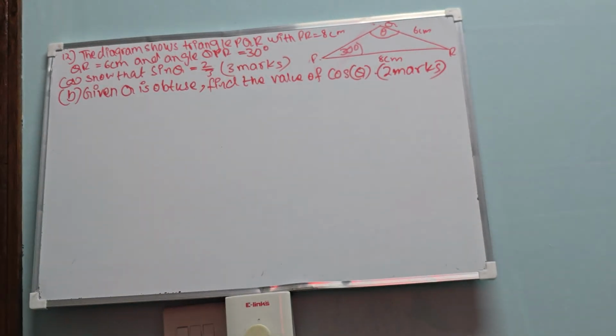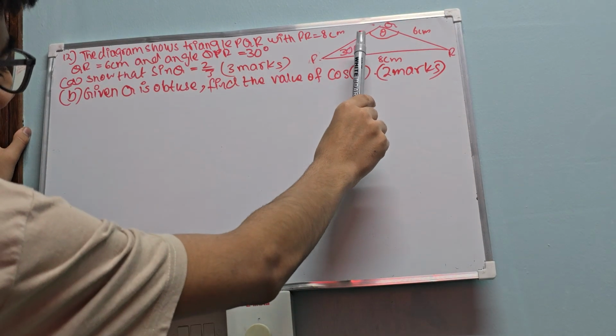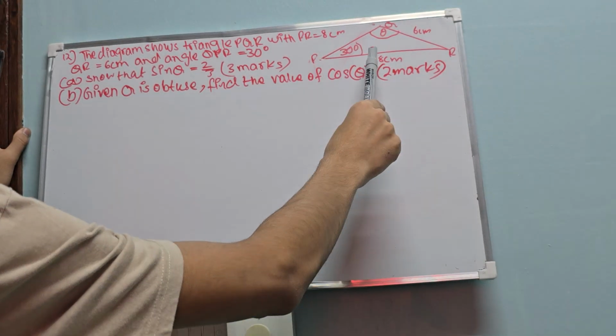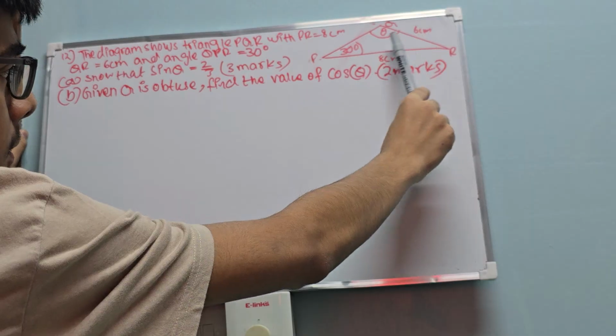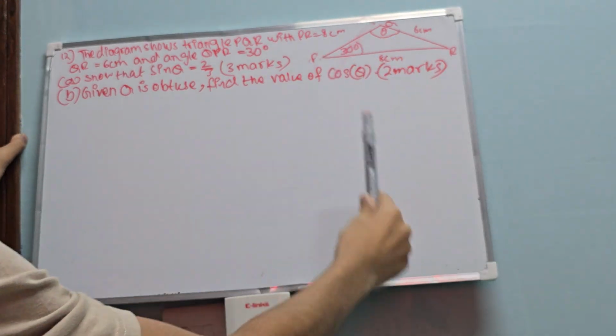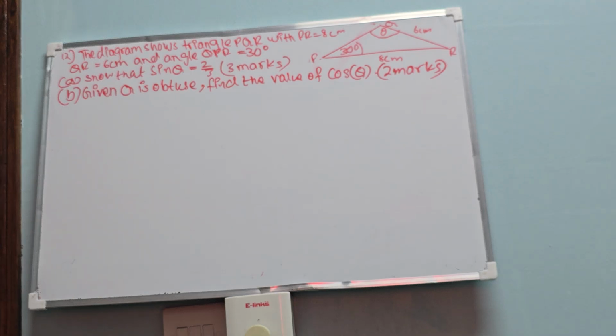Whenever they say sine Q, we have to find the angle Q. And what information have they given us? We are given that this is 30 degrees, QPR, and the opposite length to it is 6 centimeters and the adjacent length to it is 8 centimeters.